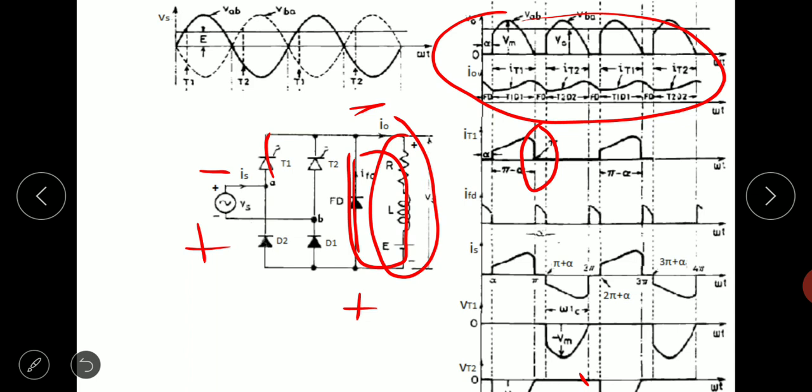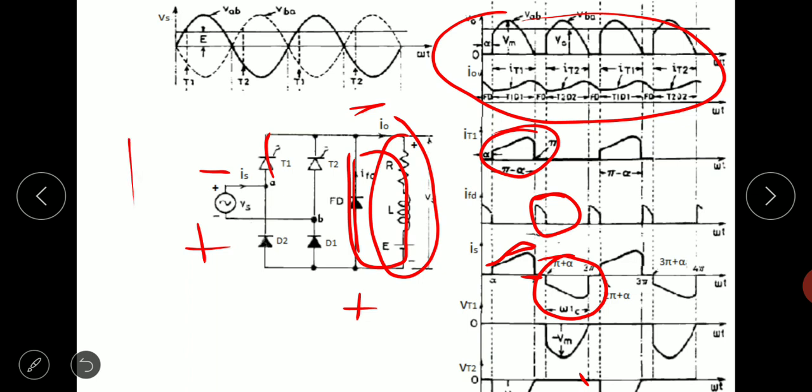If we talk about the supply current, it is flowing as long as thyristor T1 is conducting. So IS will be flowing through thyristor T1. In the freewheeling action, the supply is disconnected, so IS will be 0 while the freewheeling action is taking place. In the next half cycle, we have observed that the supply current IS is reversing.